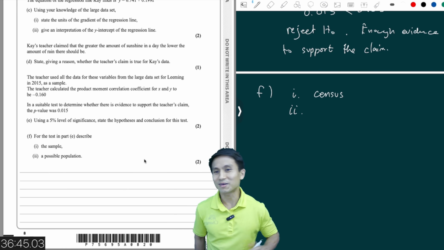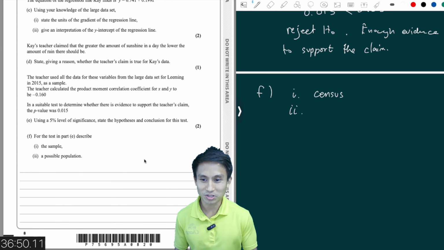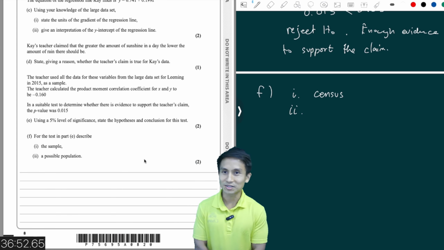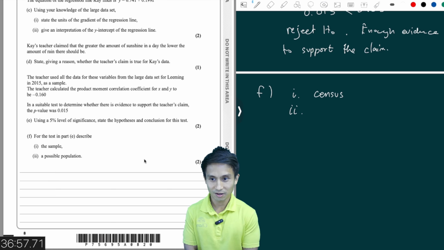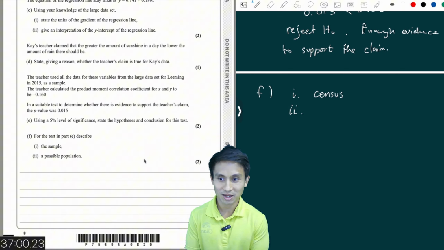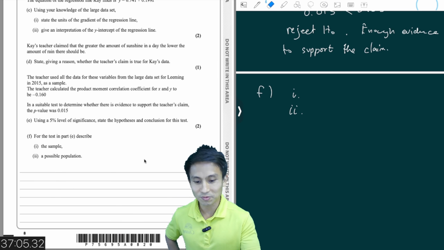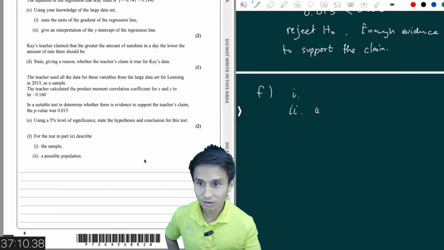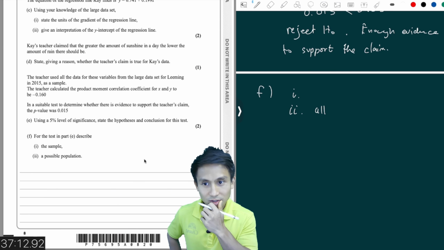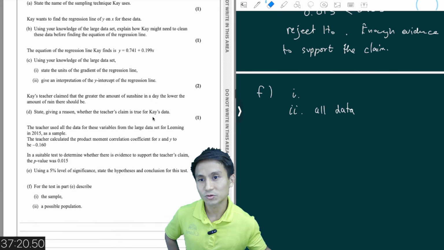And a possible population? Okay, I think I'm going to change my mind here, because when I read the second one, a possible population, I mean, census is where you take all data from the population. For the test in part E, describe the possible population. Okay, I'm just going to delete the first part first. The possible population would have been all data for the variables.